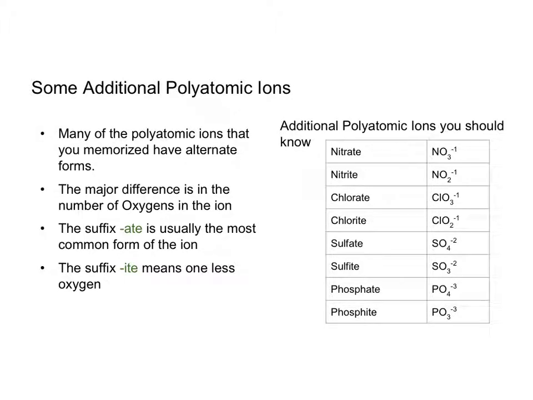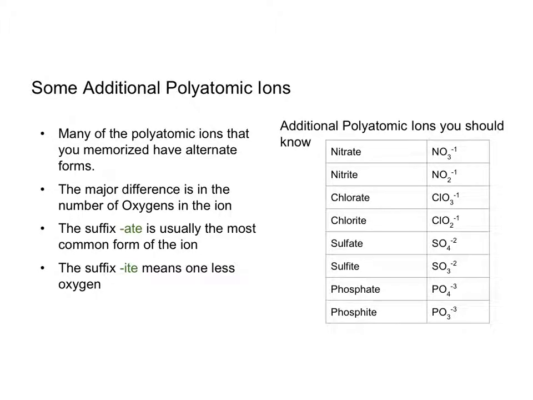Now, the other thing that you have to be responsible for understanding in terms of acidic nomenclature is that there are acids that are made with polyatomic ions. And most of the polyatomic ions that you memorized earlier this year have alternate forms. Right, so most of you didn't memorize them at all, so good times.